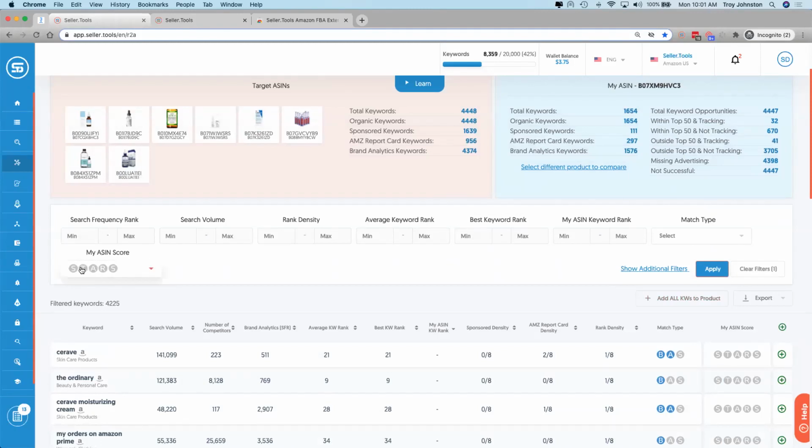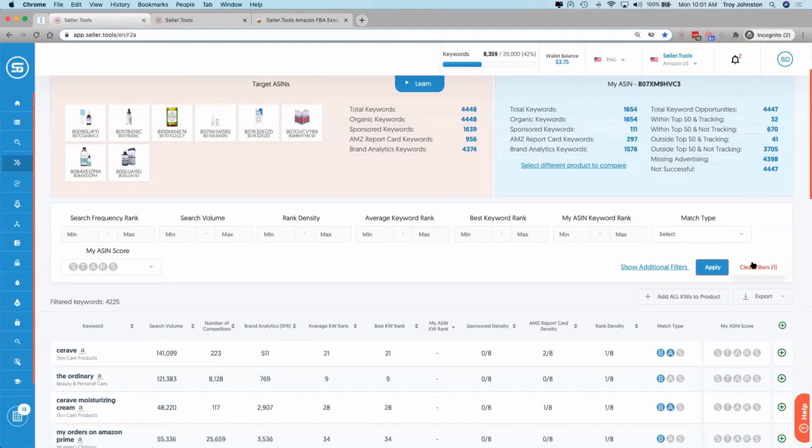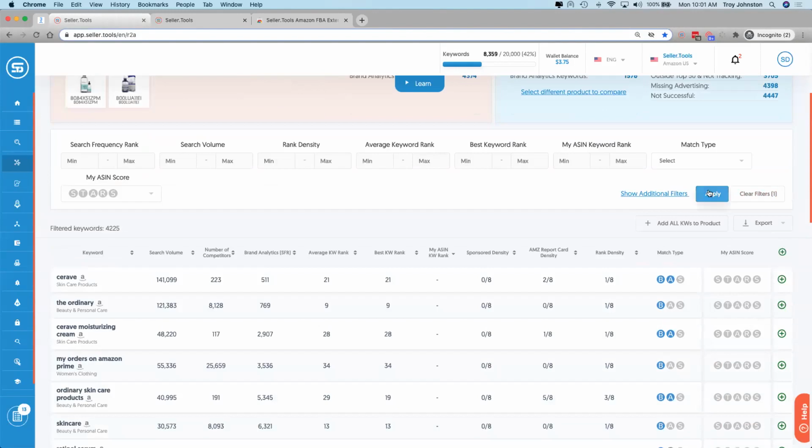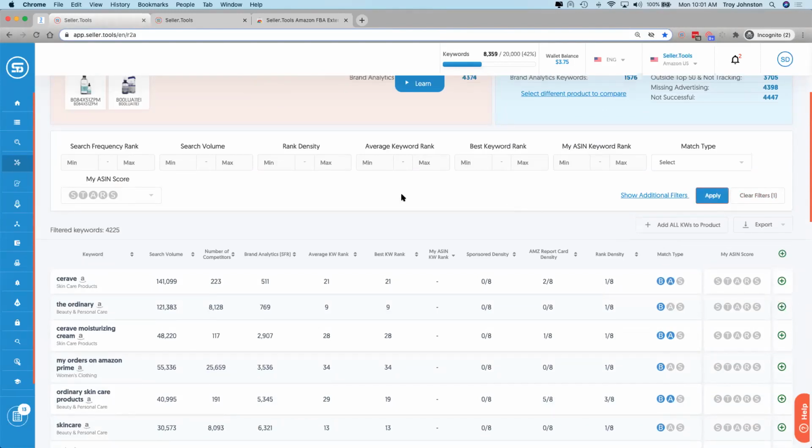So I've added my ASIN where none of that criteria is met. You can see again by the lack of illumination here on the my ASIN score side. And then maybe for rank density, I want to say 4 out of 8 is a healthy number. Roughly 50% of those target ASINs are ranking for a keyword. Maybe say 3 out of 8.